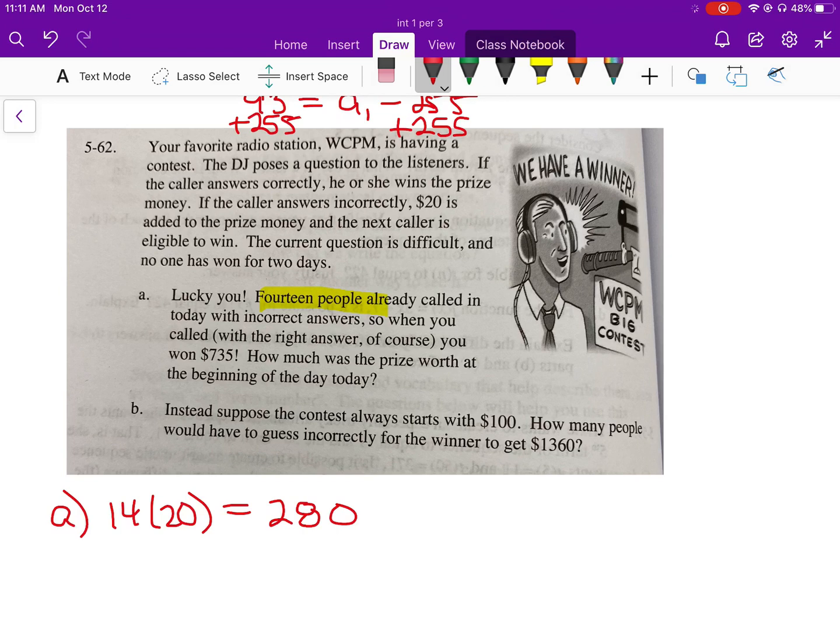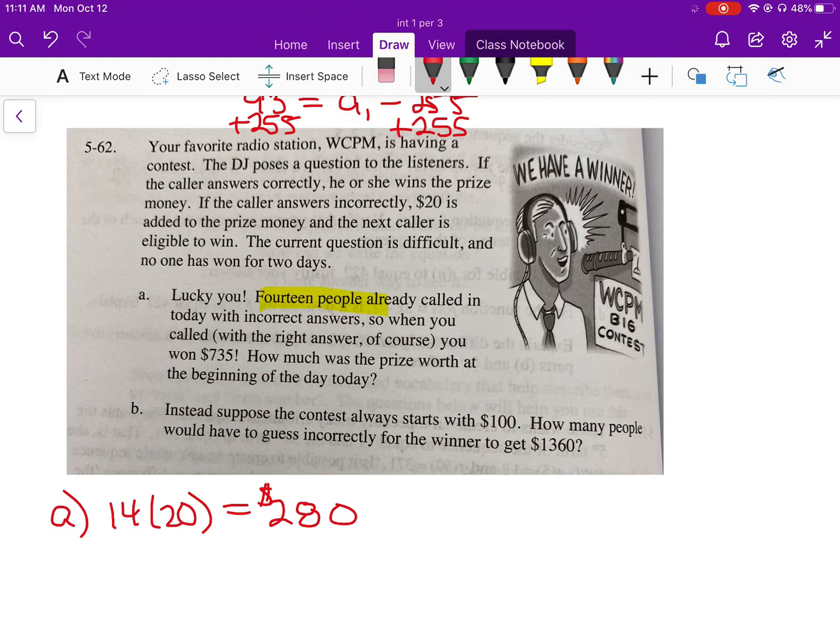So how much did it start out at? How could you figure it out? That's how much it's grown today. But what was it worth at the very beginning when that first caller called in? How would you find it? You just won, and it was $735 that you won.